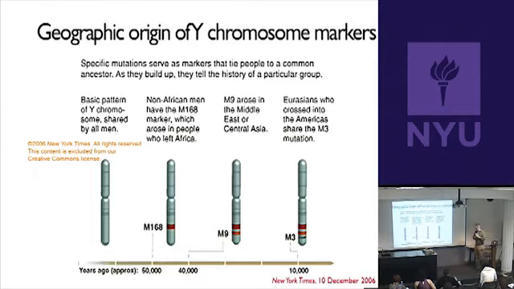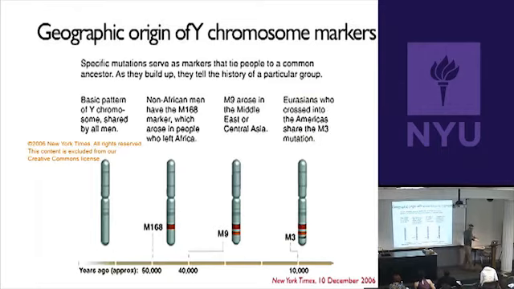What's shown here is, for example, the Y chromosome. All human males today can trace their Y chromosome back to a single male who lived in Africa a little more than 50,000 years ago. That's the original Y chromosome of our species, at least in terms of everyone who's still living today.